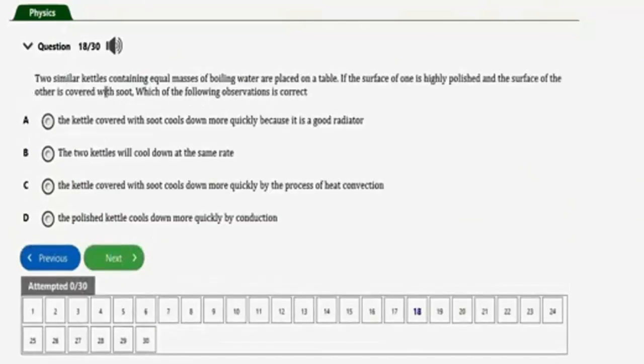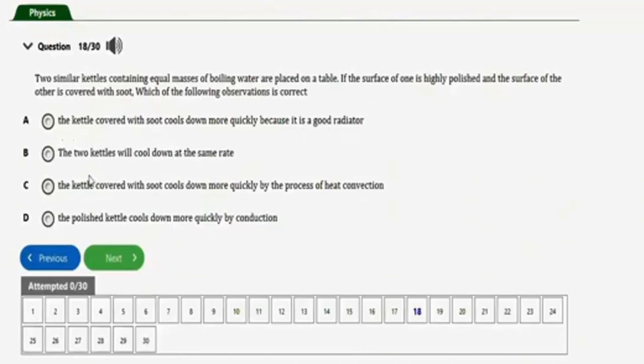It says, two similar kettles containing equal masses of boiling water are placed on a table. If the surface of one is highly polished and the surface of the other is covered with soot, which of the following observations is correct? A, the kettle covered with soot cools down more quickly because it is a good radiator. B, the two kettles will cool down at the same rate.